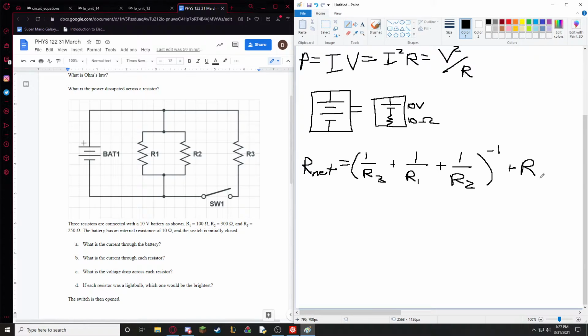Plus, we'll call this R battery, RB. So we go ahead and find this total net resistance. We have 1 over 100 plus 1 over 300 plus 1 over 250, all to the negative 1. Has anyone actually calculated that?